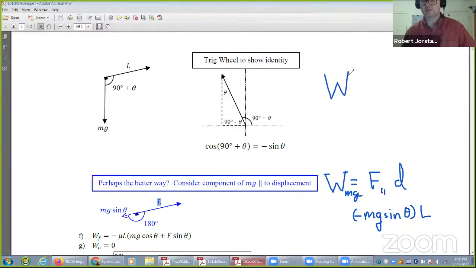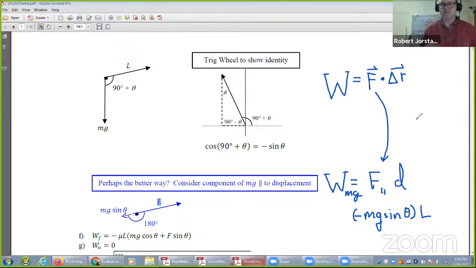I guess you could always go back to this style too. Work is equal to force dot displacement. And that's where this force parallel comes from. The dot product in mathematics picks off the component that is parallel.